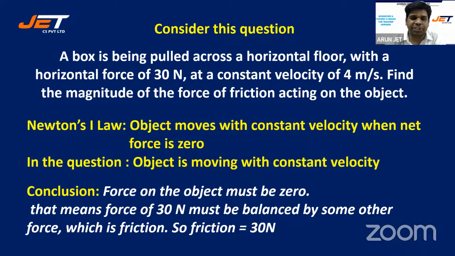The only possible force is friction. So friction is 30 Newton in the opposite direction. In the opposite direction to the velocity, or opposite to the direction of the force applied. Is the logical flow clear, students?